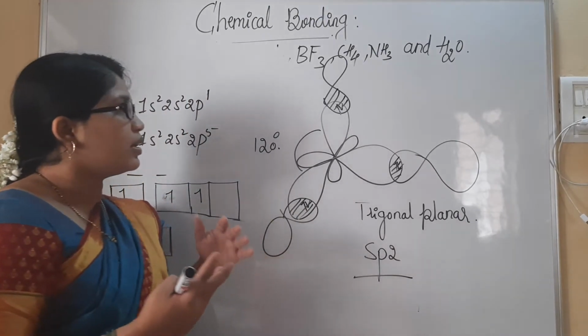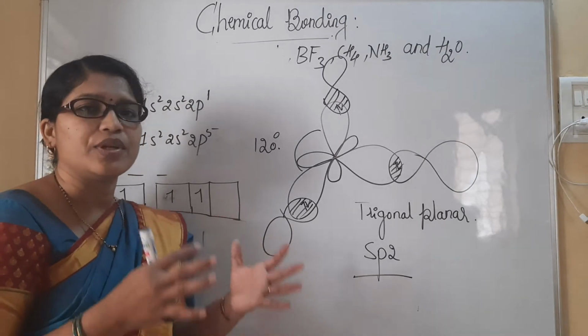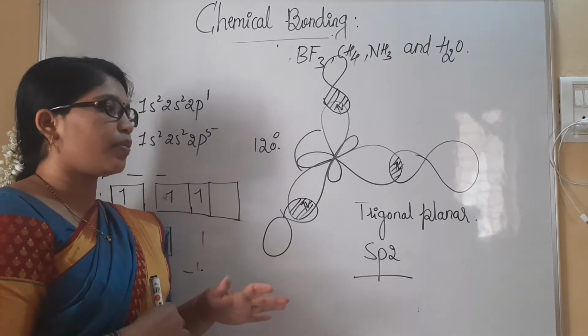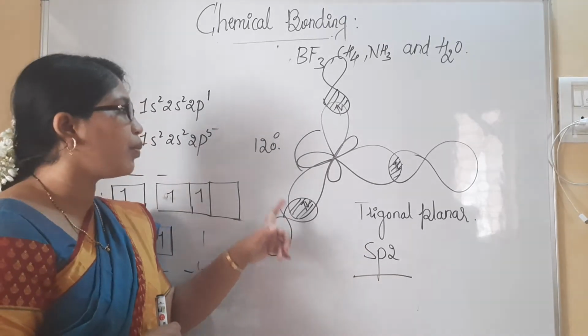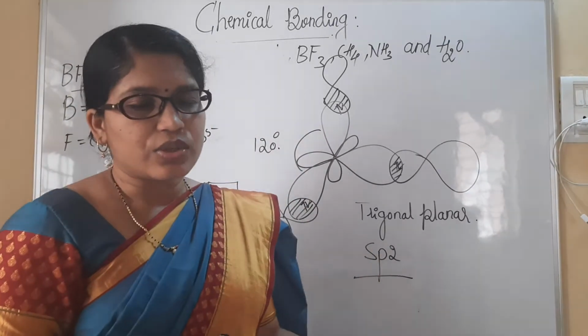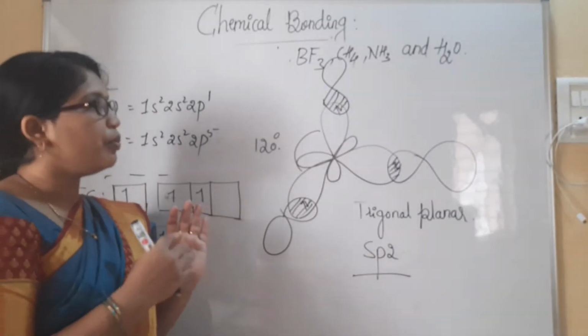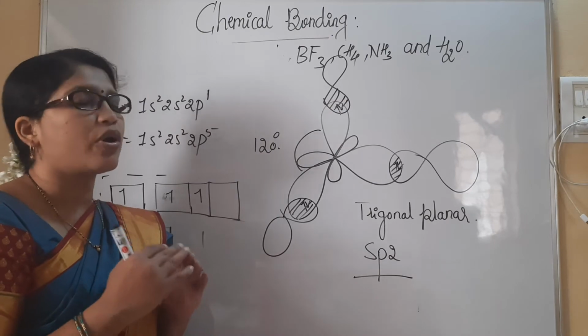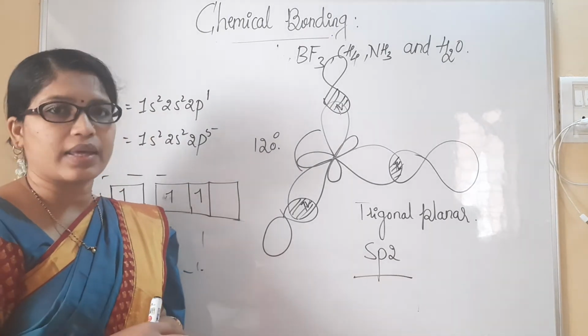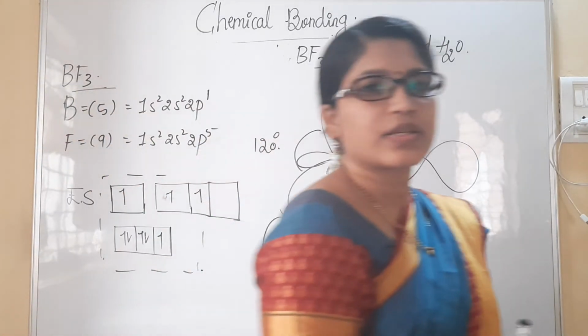If you consider Cl or F, all of those will definitely show a trigonal planar shape with a bond angle of 120 degrees, and the hybridization is going to be sp2. So like this we can predict BF3, BCl3 or one or the other. So do copy this, we'll move to the next.